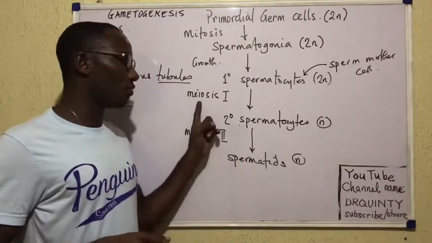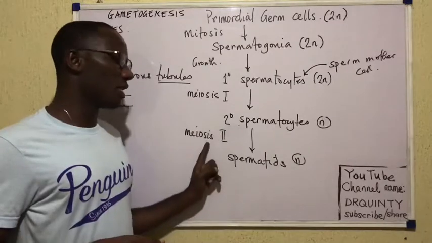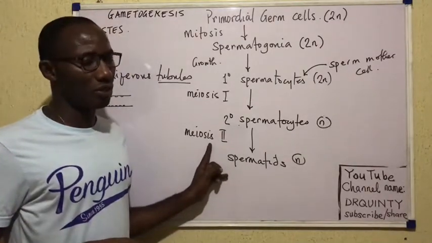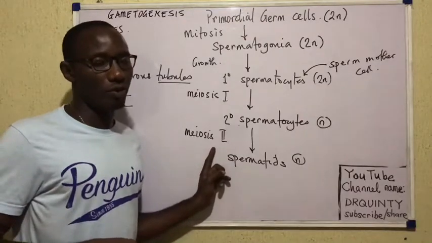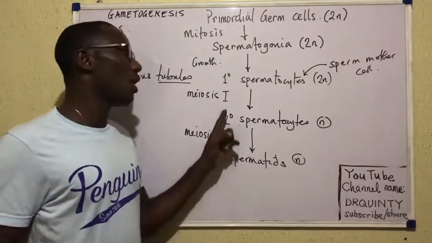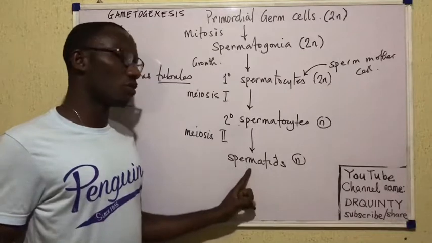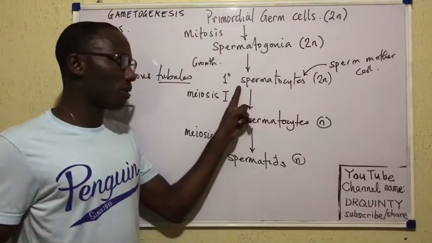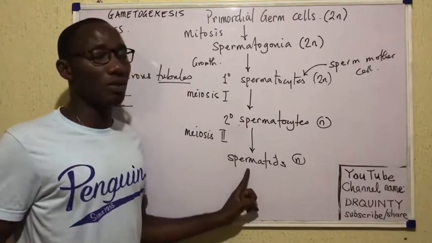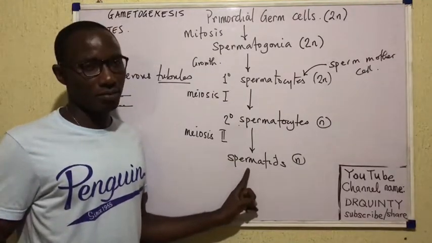So this is the first meiotic division, and that's the second meiotic division. And at the end of both meiotic divisions, as you know from even secondary school, one cell would have given rise to 4 daughters. So from one primary spermatocyte, you expect a total of 4 spermatids.